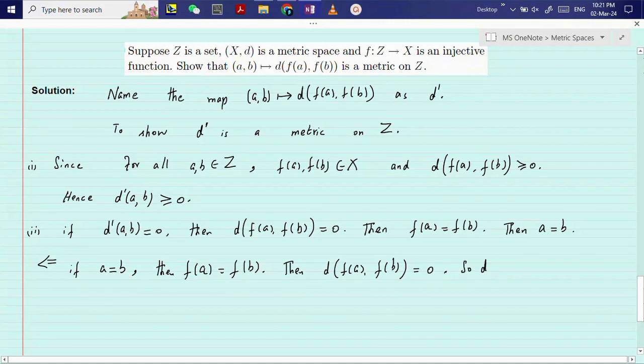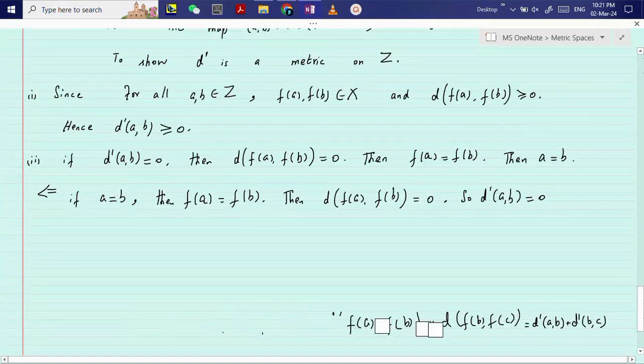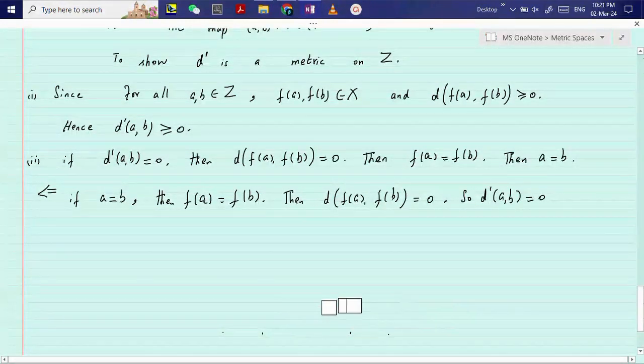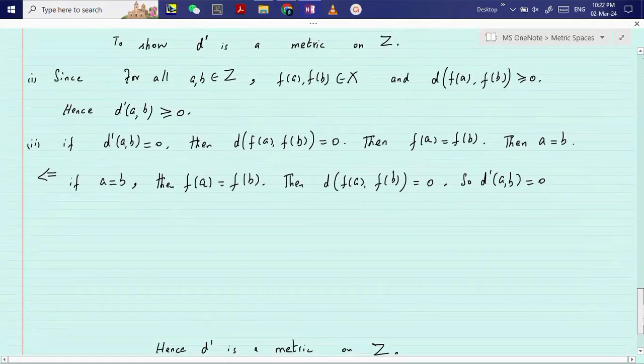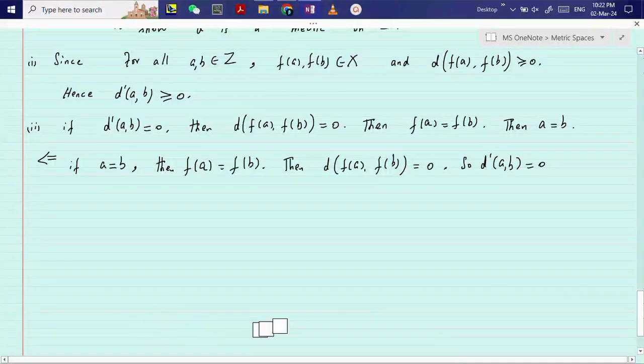So d dash of AB is equal to 0. So we have proved that d dash of AB is equal to 0 if and only if A is equal to B.